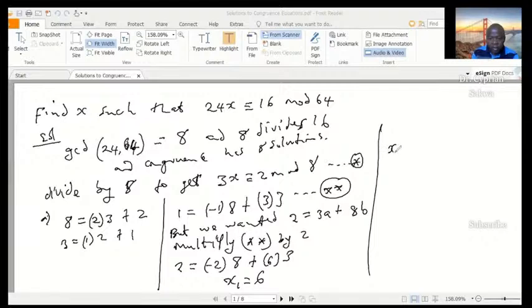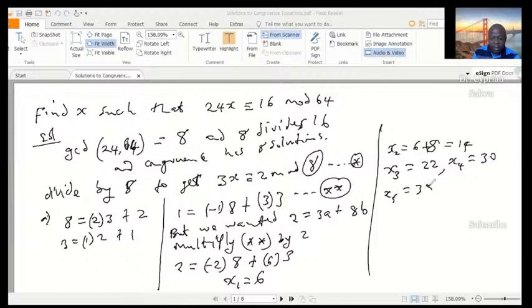So to find x2, take 6 plus 8, modulo 8, and that gives you 14. x3 will be 14 plus 8. x4 would be 22 plus 8. x5 would be 30 plus 8. x6 would be 38 plus 8. x7 will be 46 plus 8, which is 54.